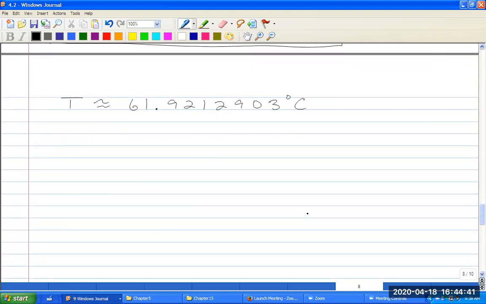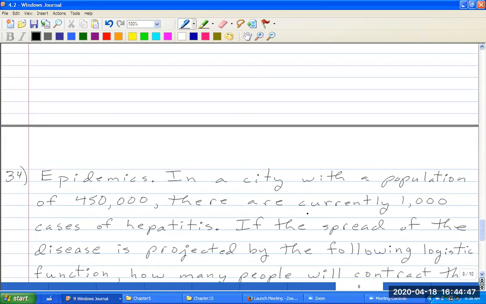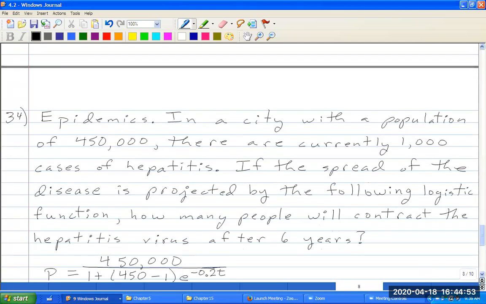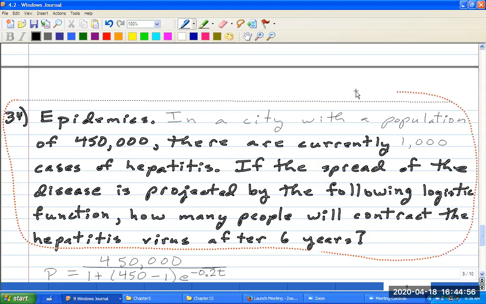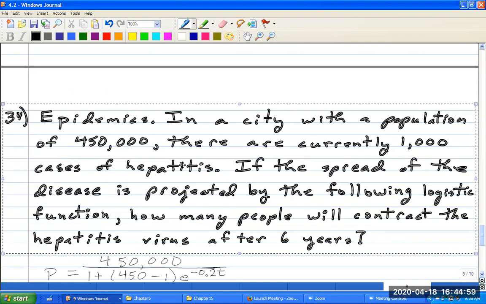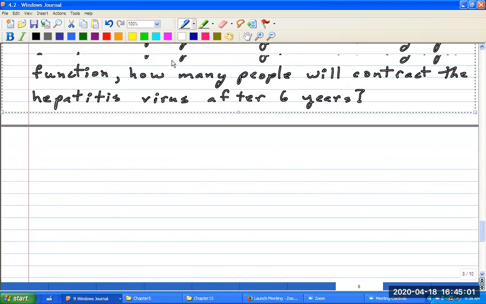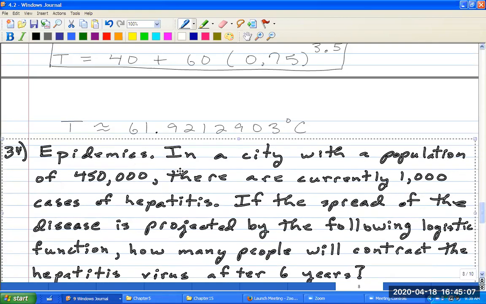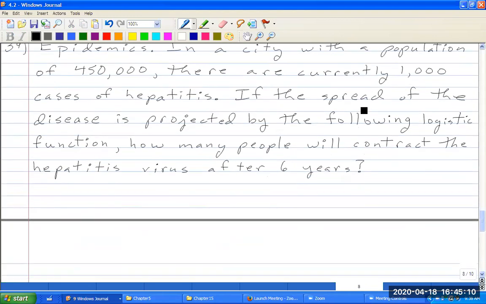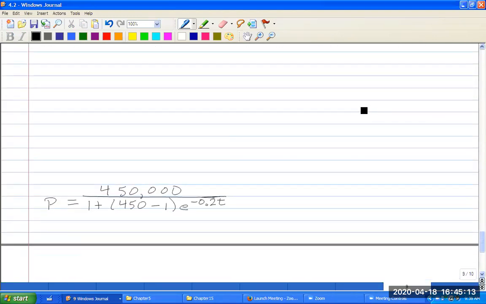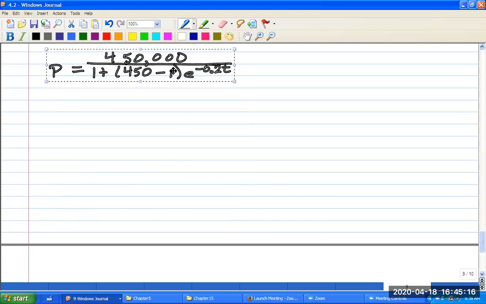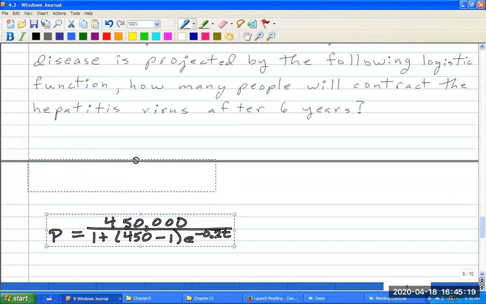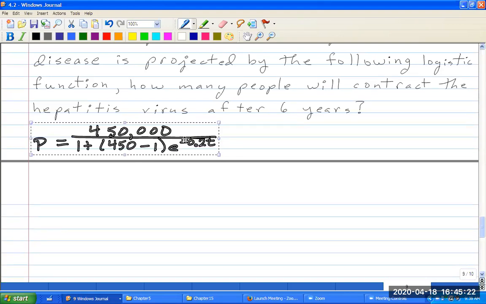Okay. So that's approximately how warm it is after 3.5 hours.